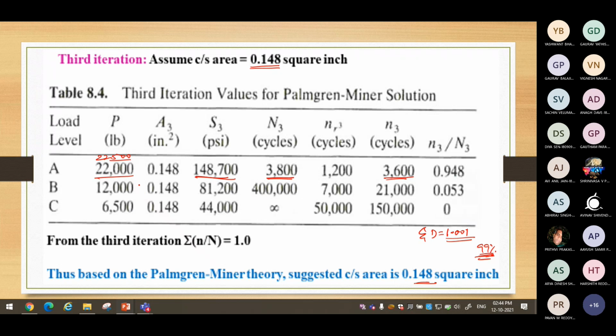Okay, so how reliable is your SN diagram data, where we have determined this? SN diagram data is obtained in laboratory test conditions. Have you corrected it? If you have used the correction factors, then it is okay. If you have not used correction factors, and that SN diagram data is not reliable, then some factor of safety is required.